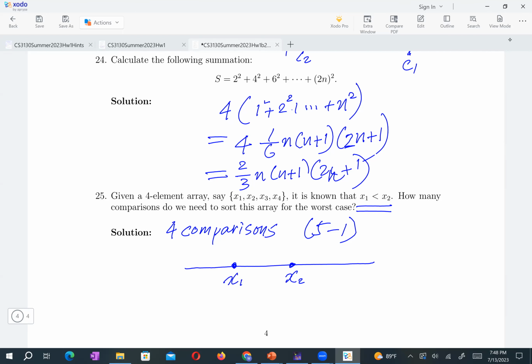Now, for the remaining two elements, X3 and X4, we do comparisons. First, let's just consider X3 and forget about X4. You need two comparisons to get it sorted.